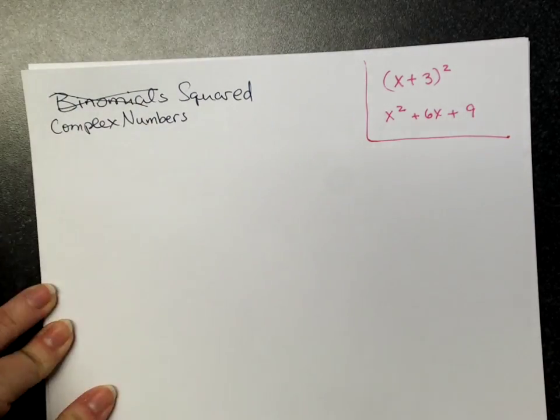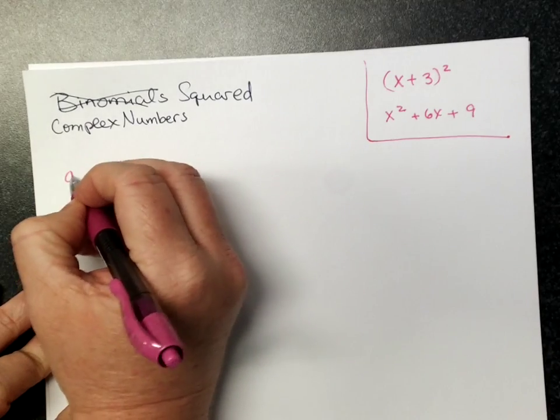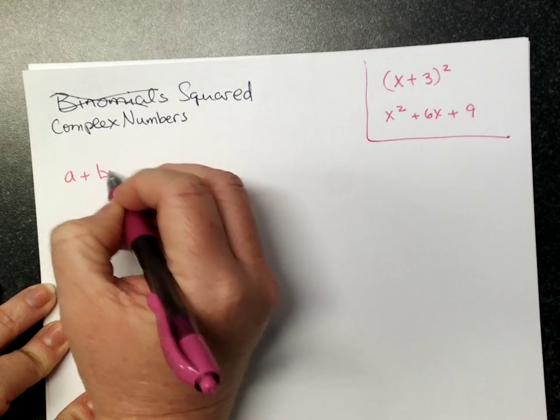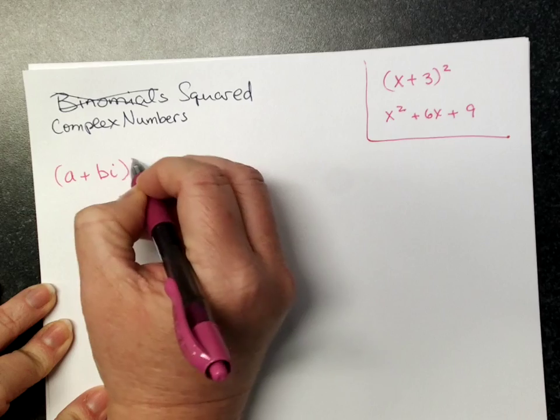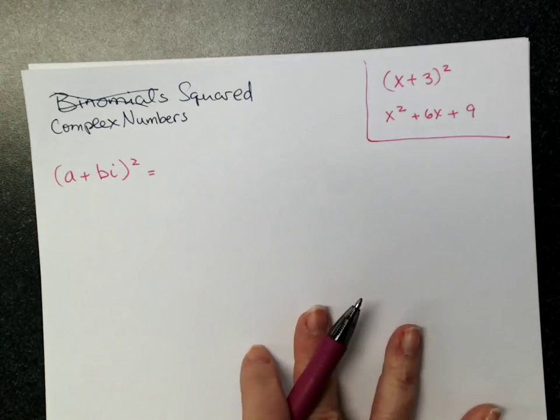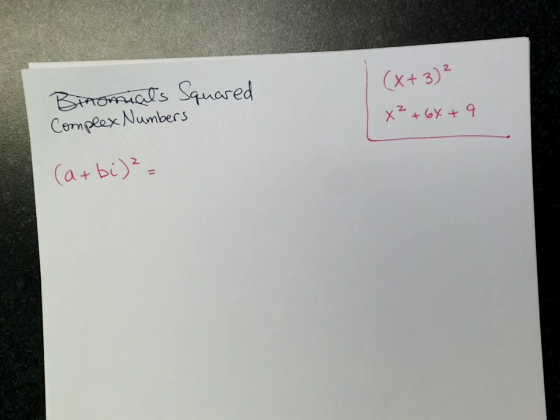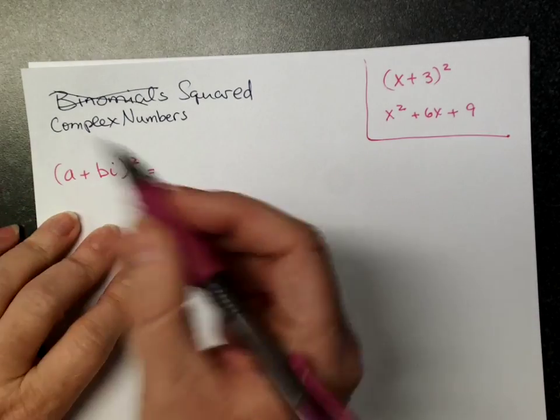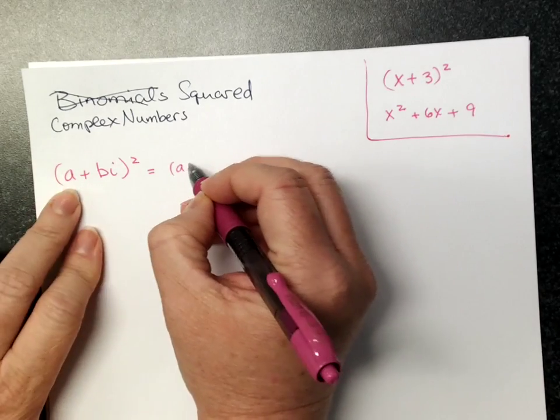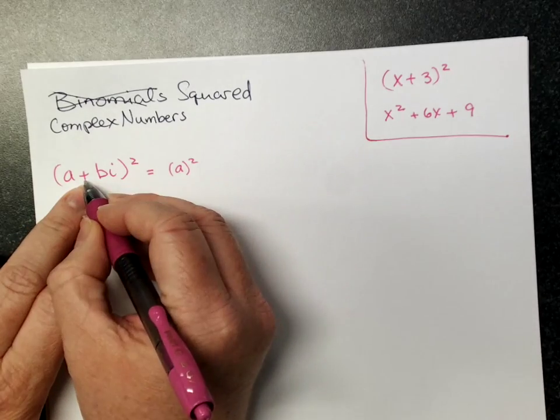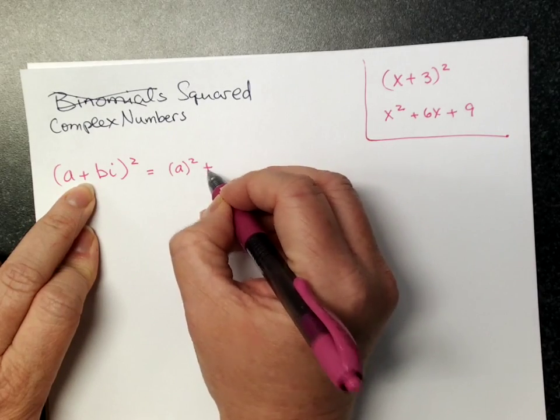So the pattern is, for complex numbers, our binomial is, instead of a plus b, a plus bi, squared. And just like with the radicals, when you expand this out, put everything in parentheses. This matters because the squaring affects what's in parentheses. So we have our first term squared, and then plus or minus, depending on that. This will be plus.